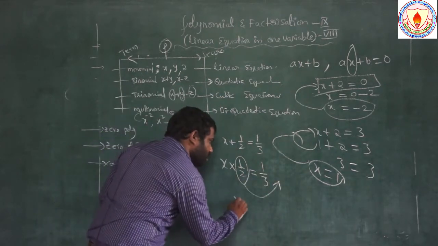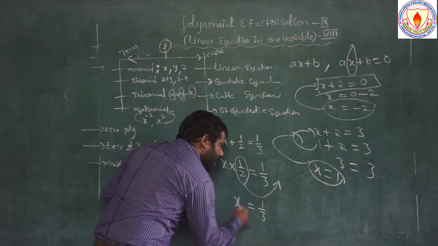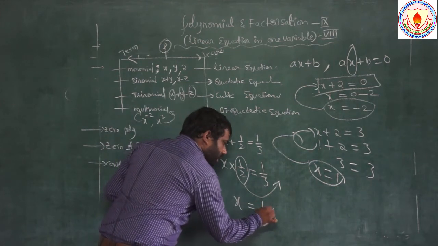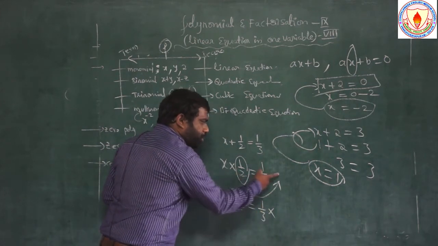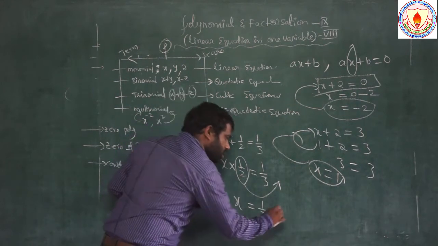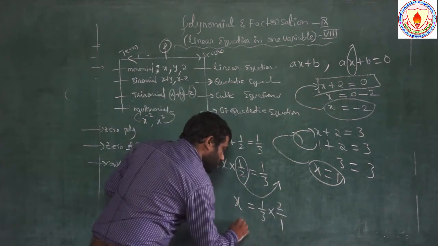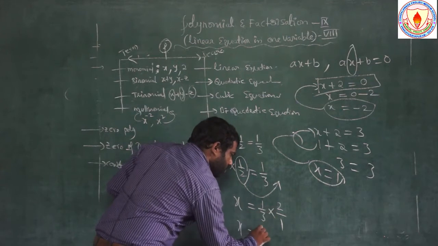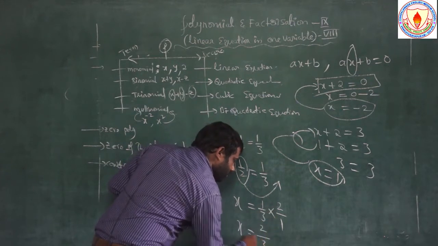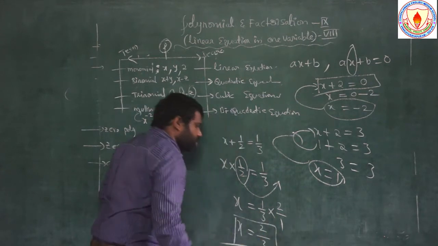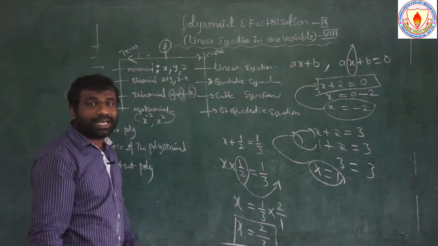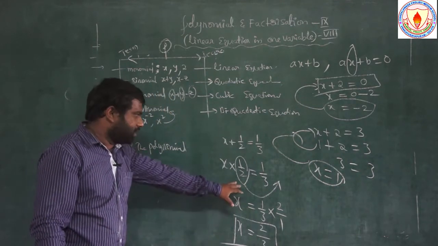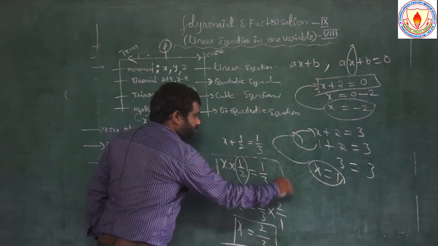So x is equal to 1 by 3, already there, into 1 by 2 reciprocal to the right hand side, so 2 by 1. So 1 twos are 2, 3 ones are 3. So x is equal to 2 by 3 is the answer.